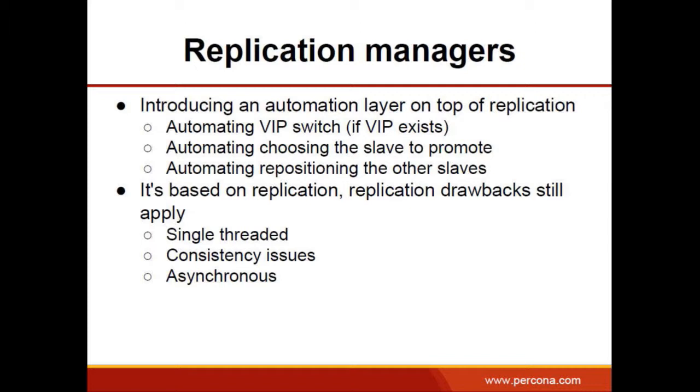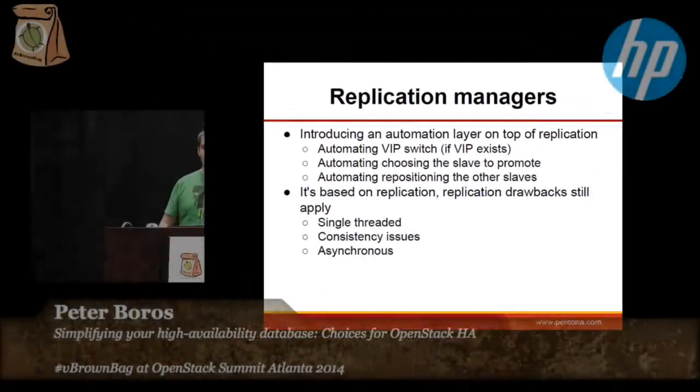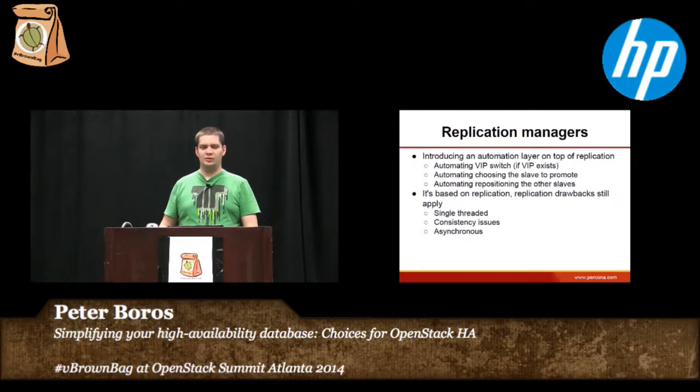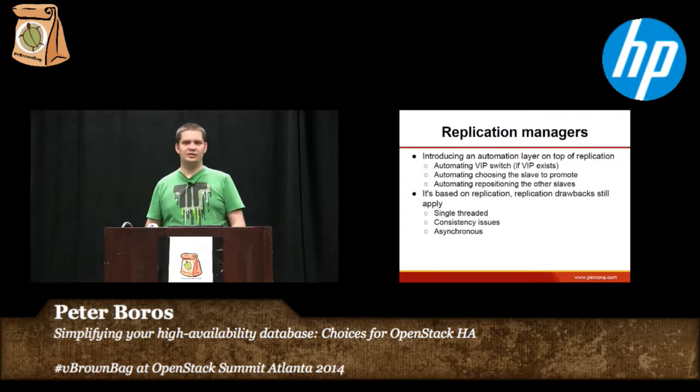And they can automate repositioning of the other slaves after slave promotions. But replication managers are based on replication, so all the drawbacks of replication still apply: it's single-threaded, it can go inconsistent, and the fact that it's asynchronous.